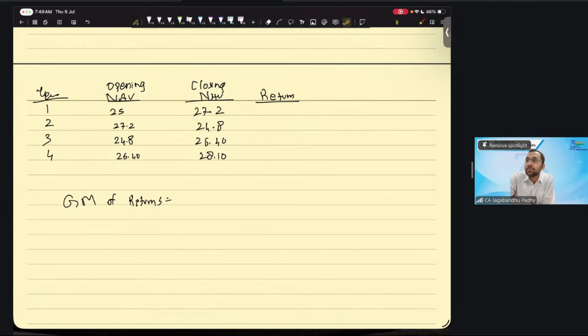Yes. Calculate the geometric mean of returns. So first you need to get the returns for individual cases and then take the geometric mean of it. So just help me with these numbers. What are the returns of individual year when it comes to NAV?